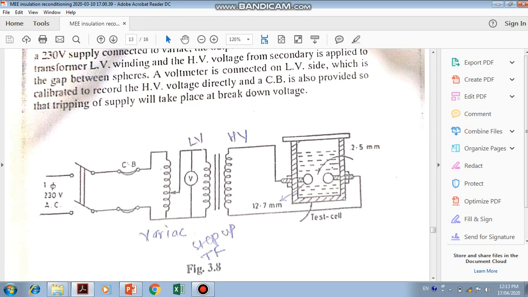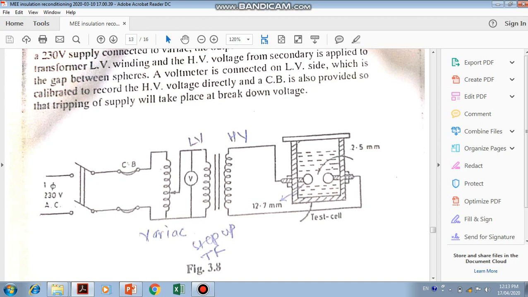Then the oil collected from the transformer bottom is poured into this test cell, up to a level more than 1 centimeter above these spheres, means the spheres should be inside the oil.